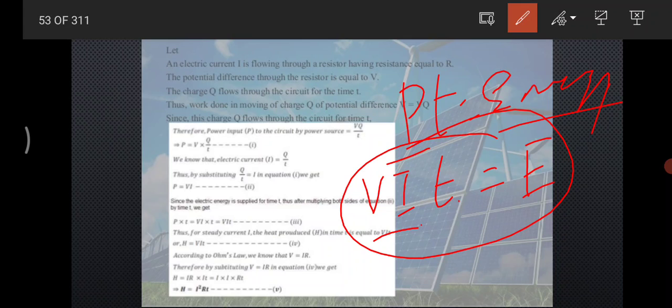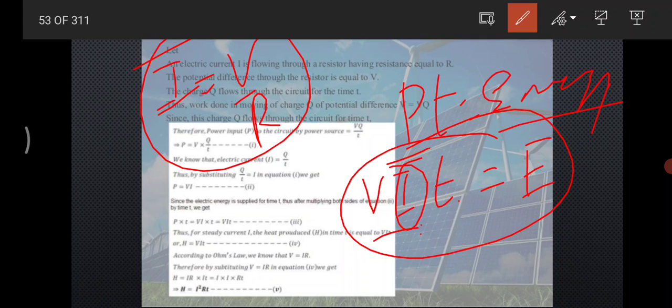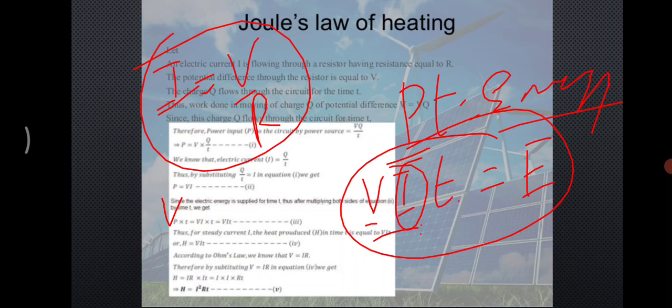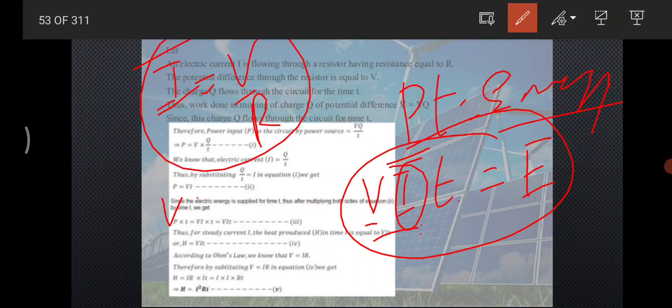Now if we replace this I in terms of V and R, by Ohm's law we have I equals V by R. If you substitute V by R in place of I, V we keep as it is, and in place of I we keep V by R, and time we write as it is, and that will give you energy.